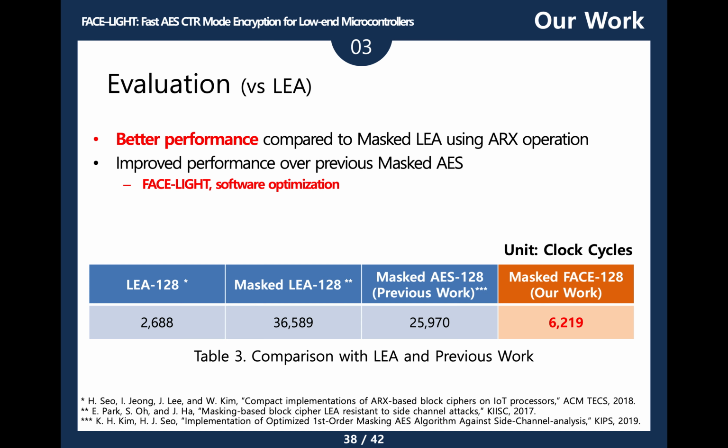However, the AES uses SPN operation, which does not use arithmetic Boolean operation, thus able to maintain decent performance even when the masking technique is used. The masked phase light shows around 6200 clock cycles, which is quite a bit faster than the other masked lightweight cryptography and even the masked AES.